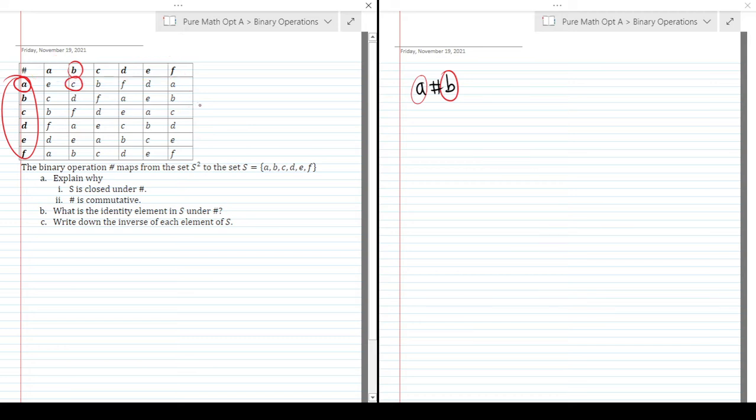That's the correct order of reading a multiplication table. So the multiplication table defines what each ordered pair is going to be mapped onto.